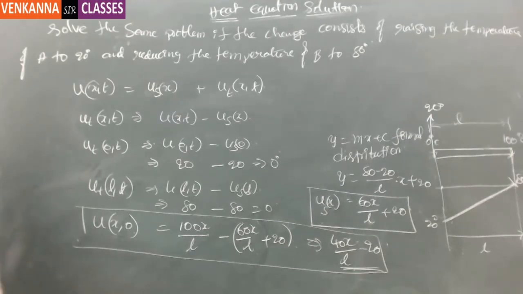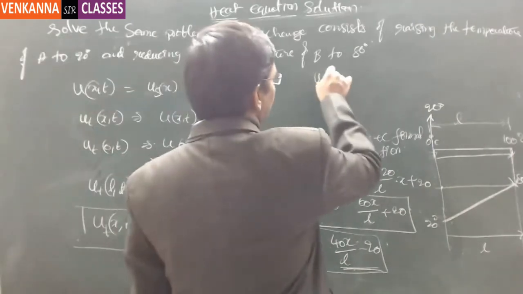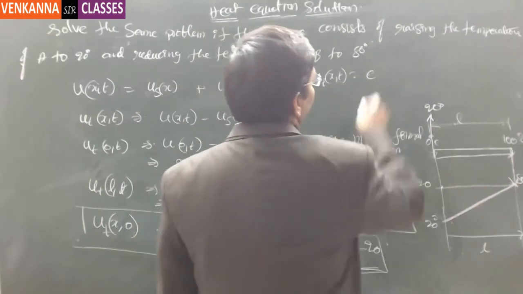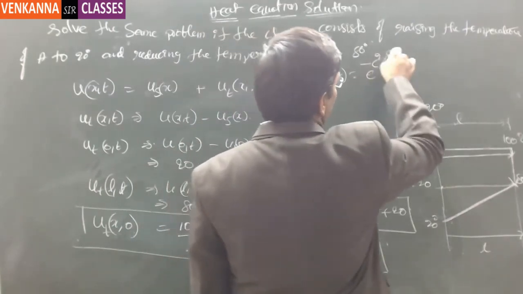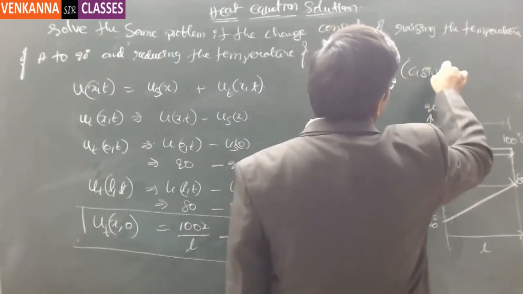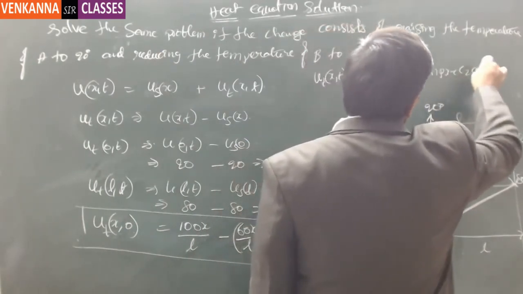Now, once you find the transient solution based on these conditions, the general solution of u_t of x comma t is interpreted as e power minus c square p square t into C1 sin Px plus C2 cos Px.